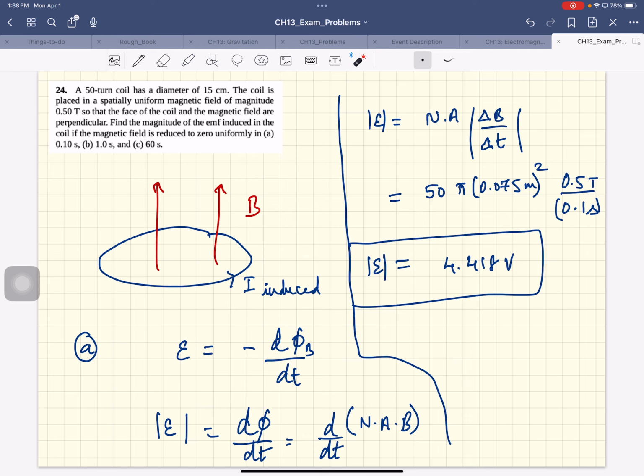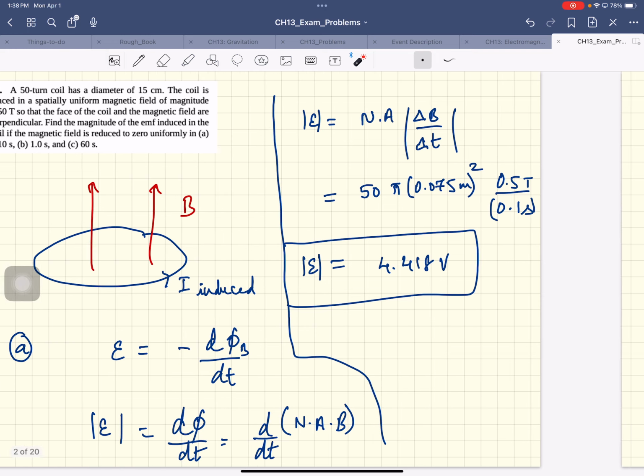So if you have a strong magnetic field, you don't turn it off fast. So MRI machines and all that, you turn them off slowly. MRI machines have magnetic fields of 2 Tesla and so on. Did you guys understand that?